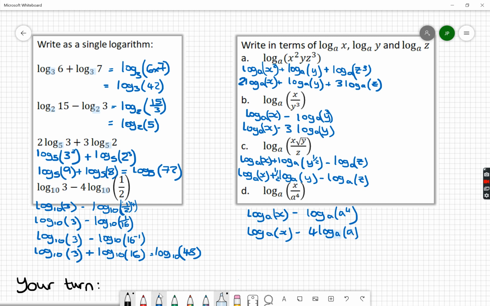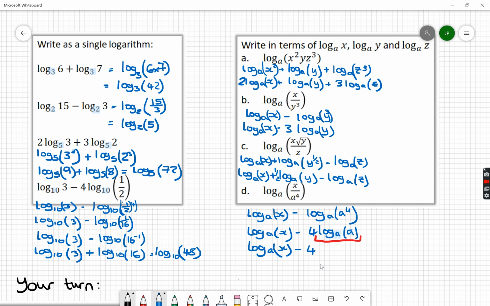That's really important to watch out for, because especially when we come to solving these later on, that can be a big part of what we're looking at. So we know that log base a of a must equal 1. So therefore, this whole part here is going to be 4 times 1, which is going to be 4. So that can finish off as log base a of x minus 4.